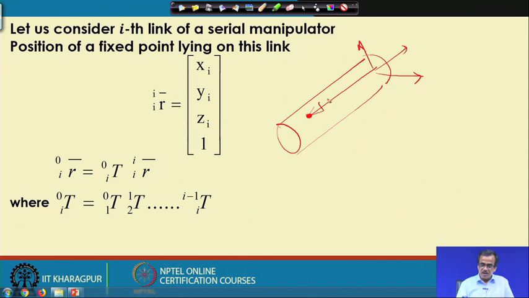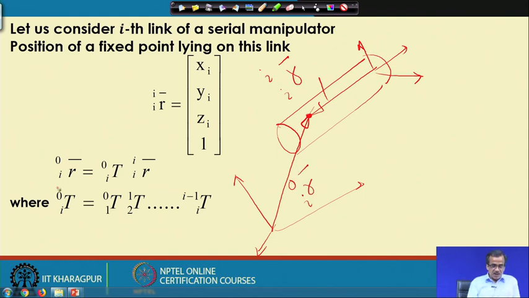So, this dimension is nothing but r_i with respect to i, and I have got the base coordinate system here. The same point I am trying to find out is r_i with respect to 0. So, r_i with respect to 0 is nothing but T_i with respect to 0 multiplied by r_i with respect to i.